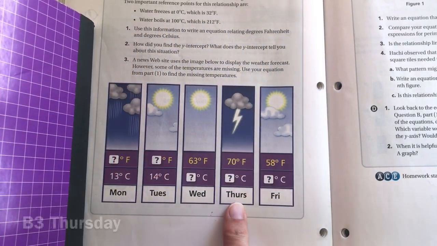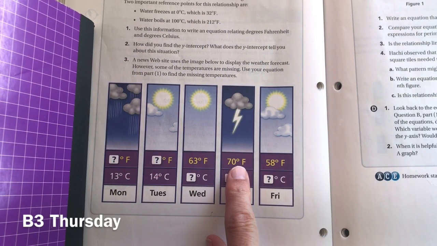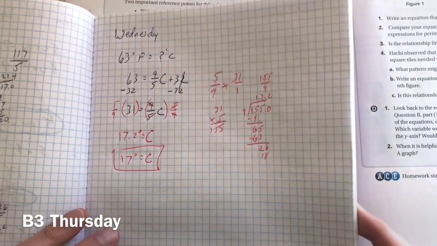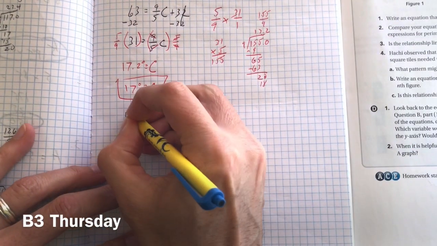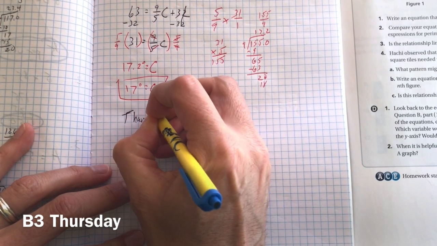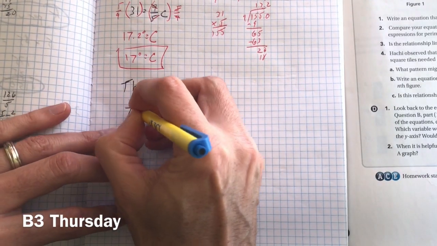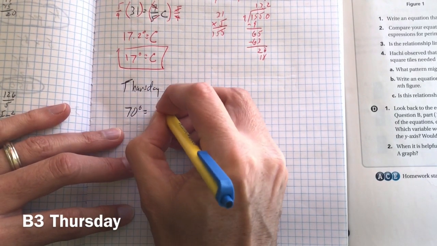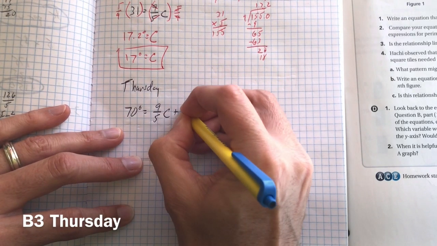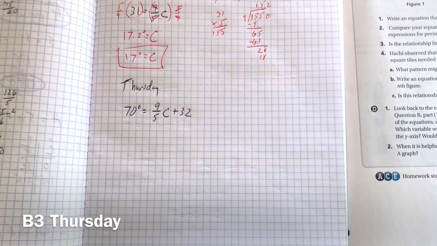All right, Thursday, same process, 70 degrees Fahrenheit this time. So we'll do the exact same work here for Thursday. Now I have 70 degrees equal to 9/5 C plus 32. I'm taking slightly shorter steps here, but you know the process.